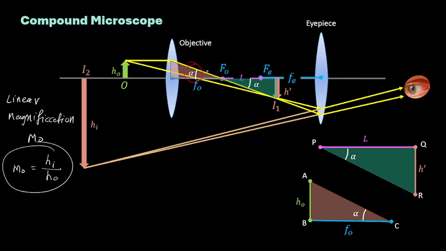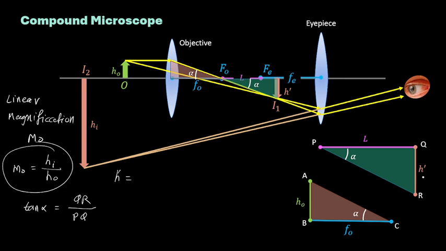Note that the angles alpha in both the triangles are equal. In triangle PQR, we can write tan alpha equal to the opposite side QR by the adjacent side. Adjacent side is PQ. Now QR, we know that the image size is negative when it is inverted according to sign convention.